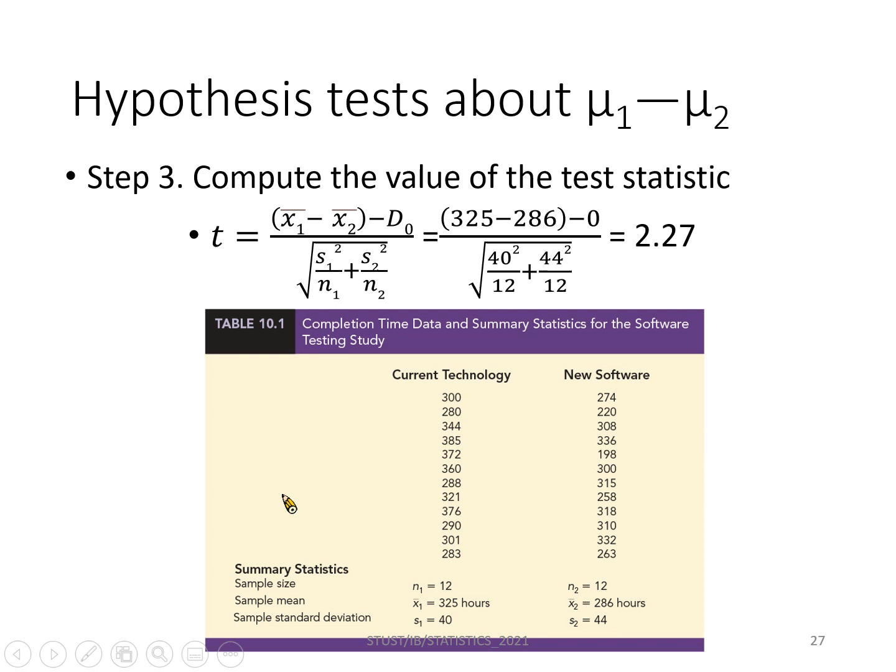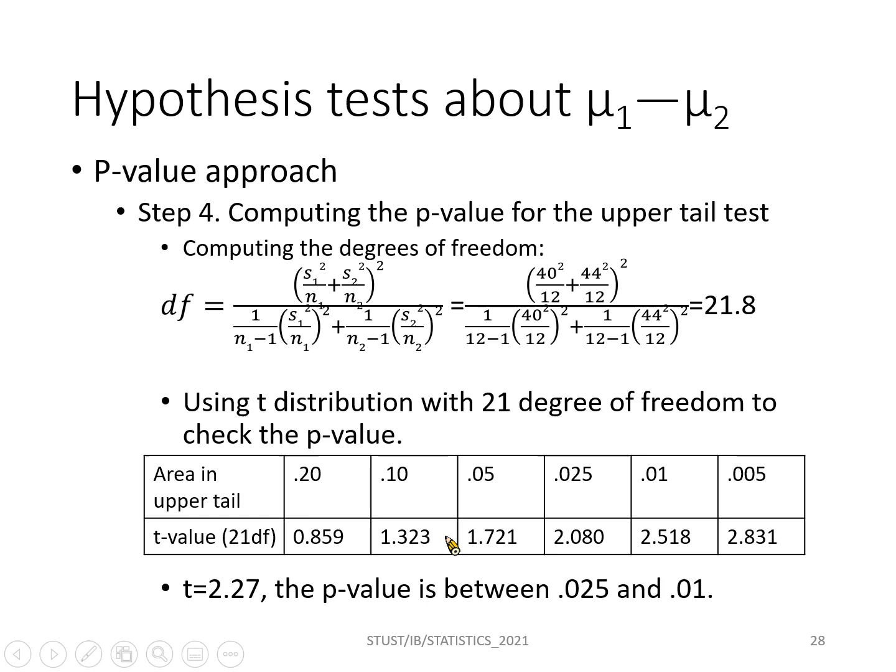We compute the value of the test statistic in step 3. Following the formula, you calculate the t-value as 2.27. You can also check your textbook to get such information from the table. Now that you know the t-value, you want to check the probability to decide whether to reject or accept the null hypothesis.